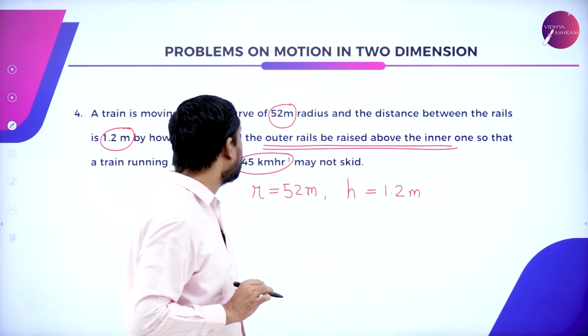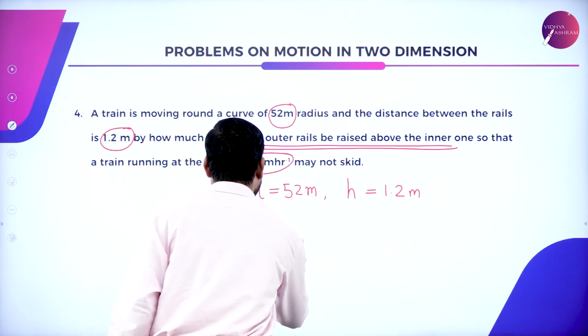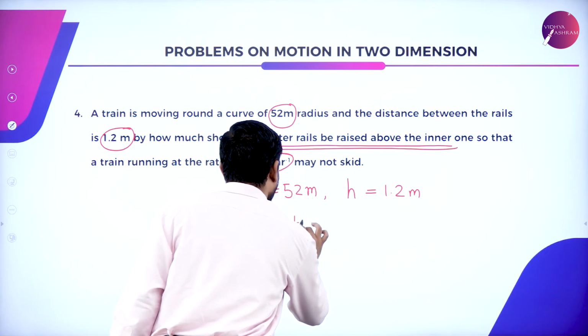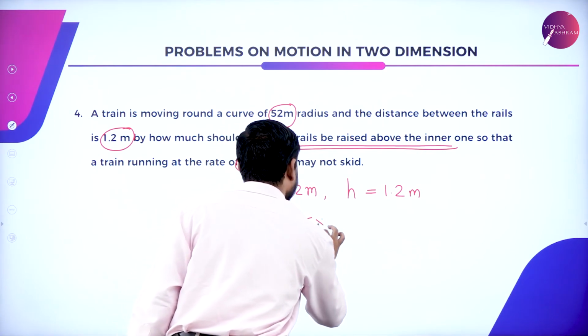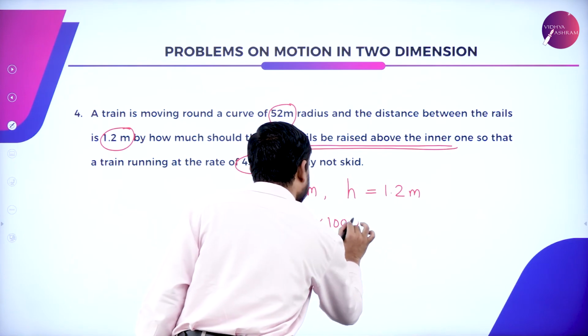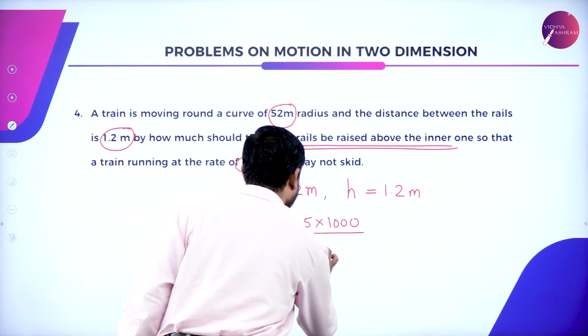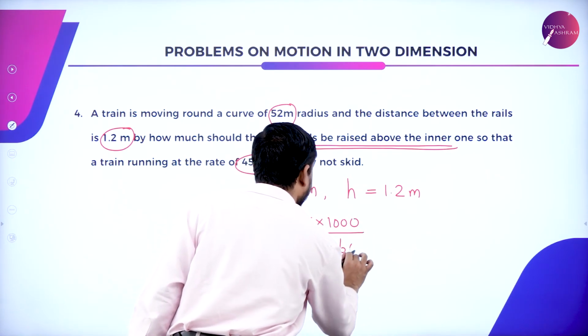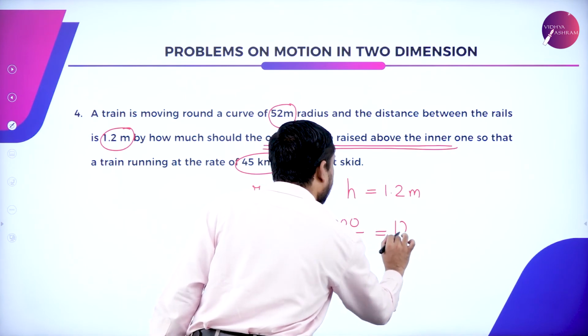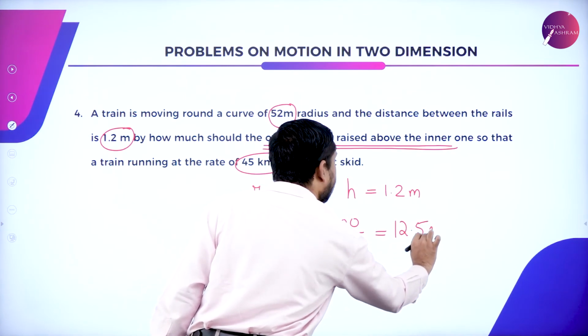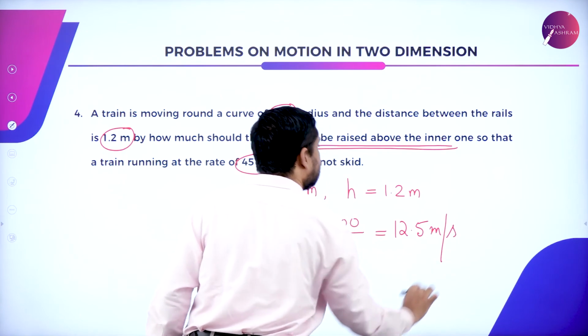The velocity of the train is 45 into 1000 divided by 60 into 60, which is 12.5 meter per second.